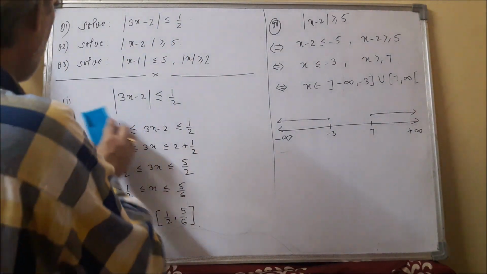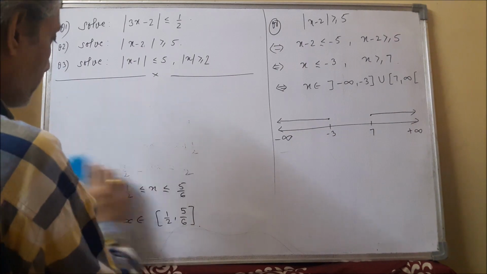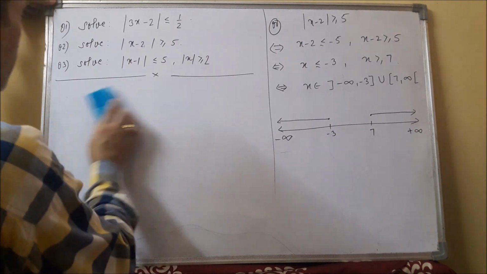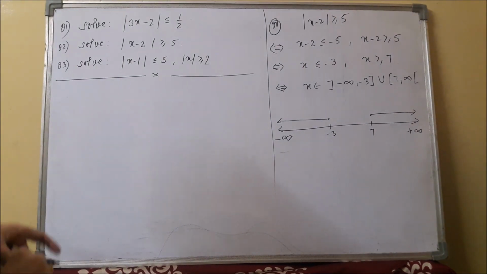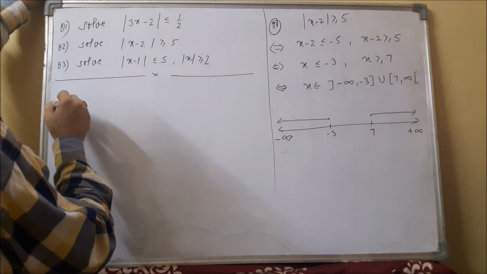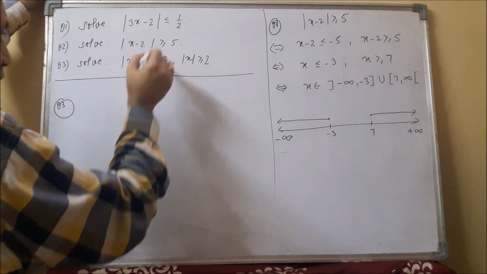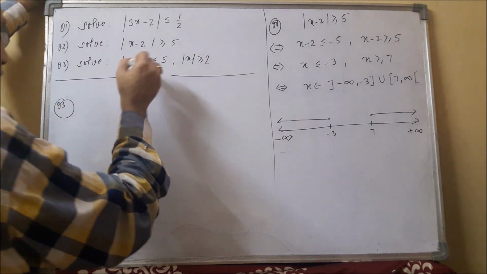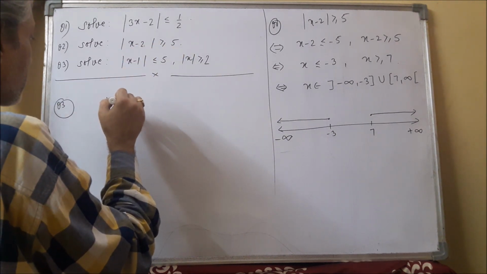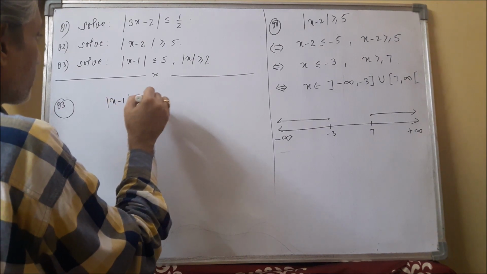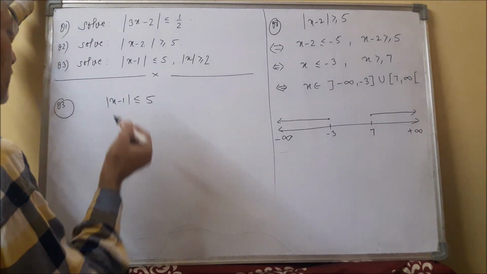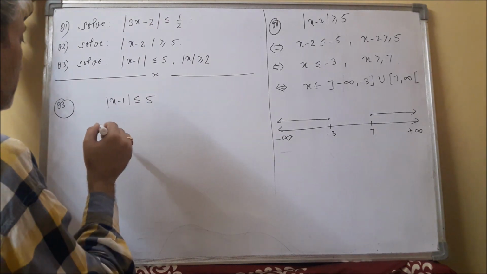Now I am going to solve the third and last part. How to solve this? Now these two conditions should be satisfied. So first we will solve this as we did in the first case. It's similar.